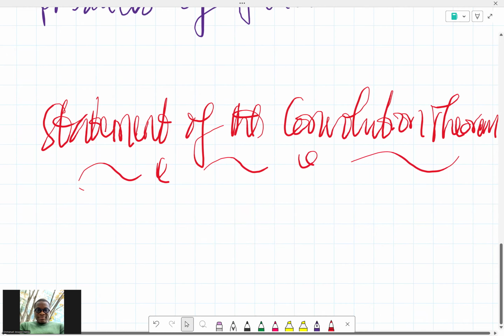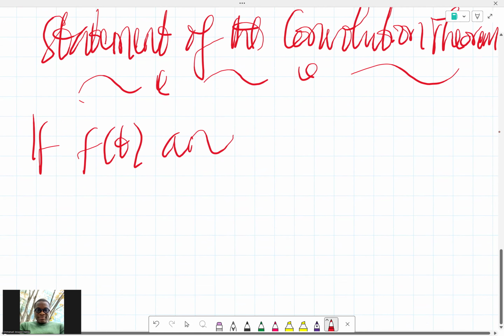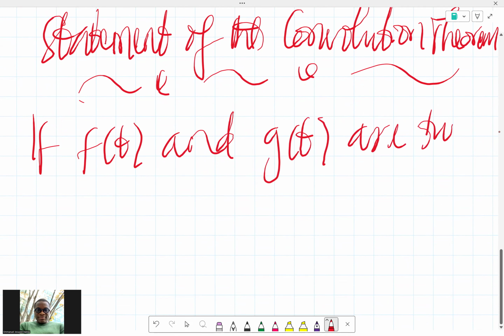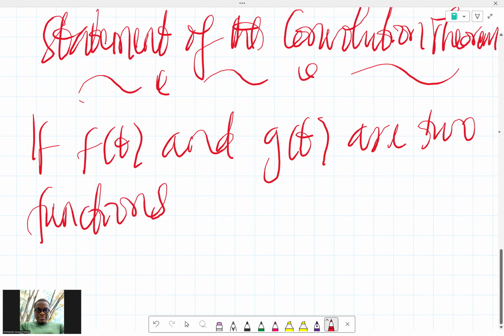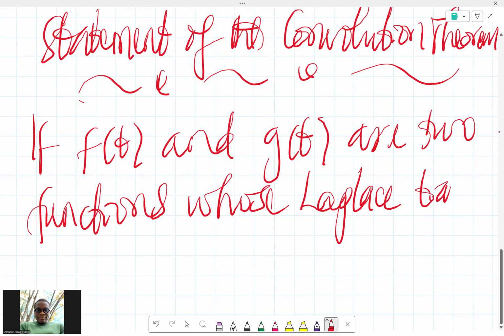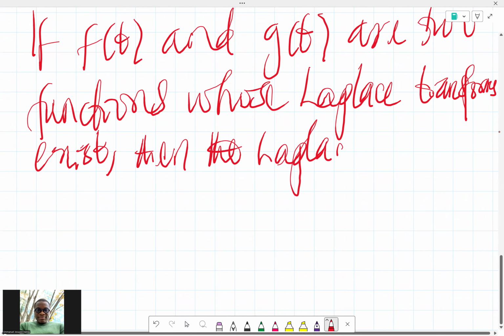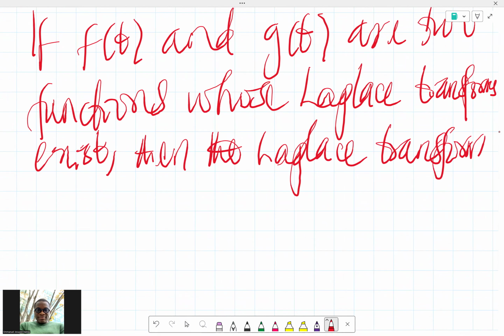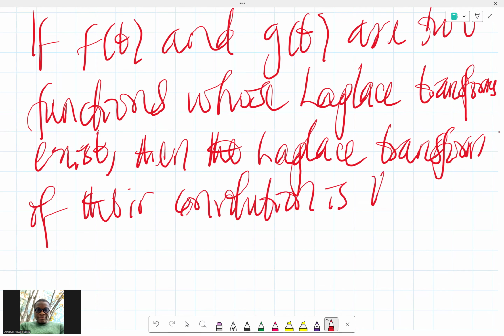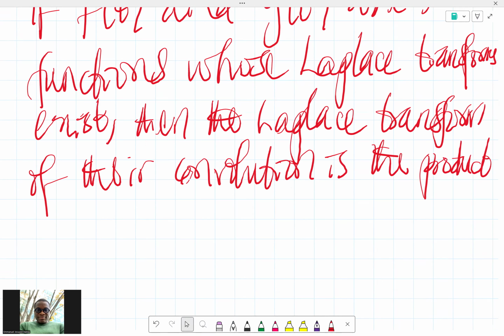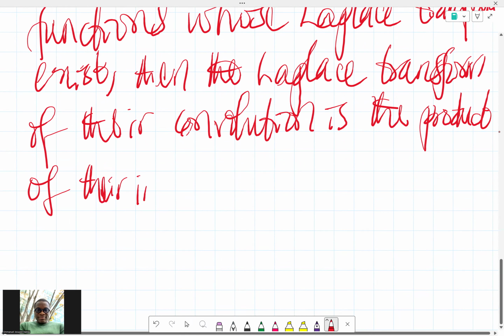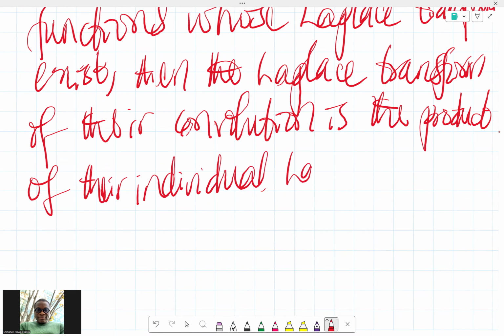So more in a mathematical sense now. If f of t and g of t are two functions whose Laplace transforms exist, then the Laplace transform of their convolution is the product of their individual Laplace transforms.